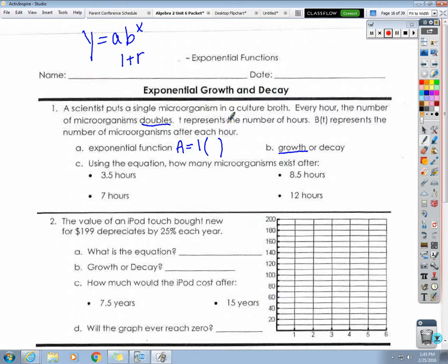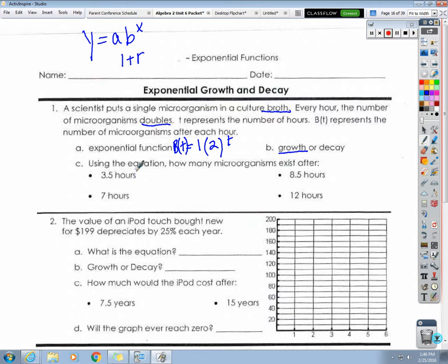Since it's not a percentage, all we have to write is 2 for doubles, and then raise it to the t power. Now, they actually wanted you to write b of t instead of a, because they're using that for broth. See how it's a culture broth? So they're saying the broth after t hours will equal whatever you get when you plug in t.